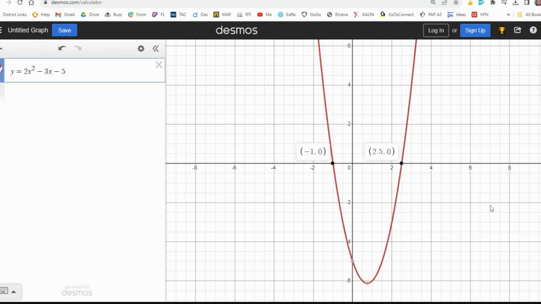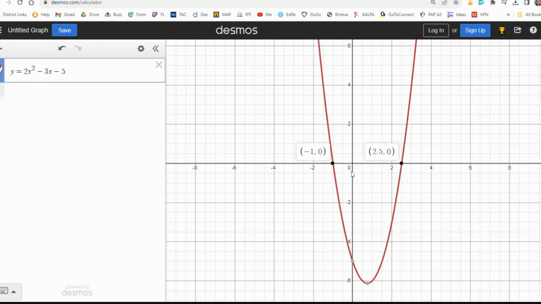That is where the graph crosses the x-axis. That's why the solutions are also sometimes called the zeros of a quadratic equation, because that's where the equation equals 0. So we could have taken a shortcut on this one and just simply graphed it and found the solutions. A nice visual shortcut to do that.